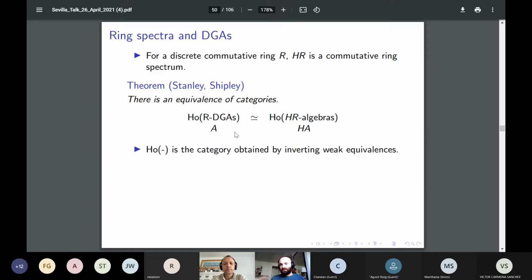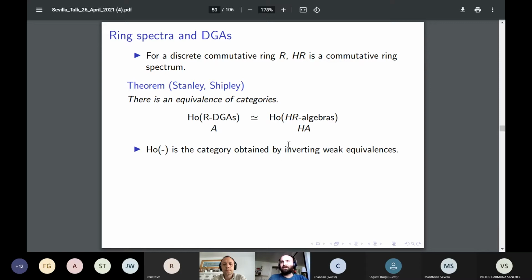This equivalence is actually stronger. It's an equivalence of model categories. So there's a zigzag of Quillen equivalences of model categories if you like. So for homotopy theorists, these are pretty much the same thing. So an R-DGA is often pretty much the same thing as an HR-algebra.